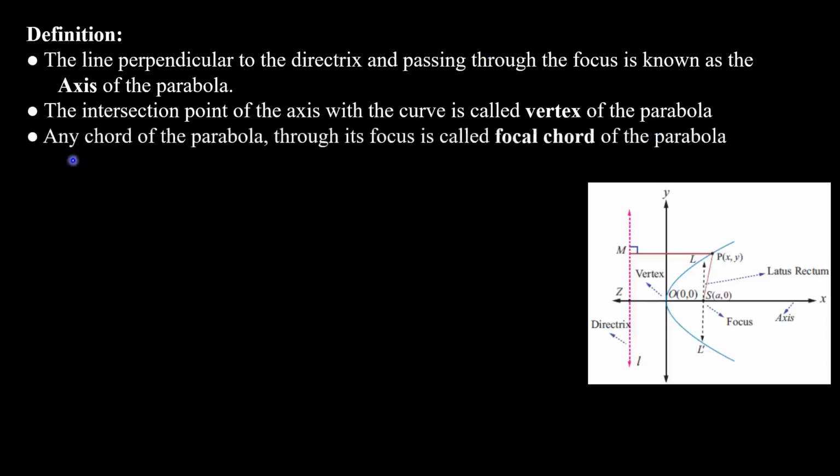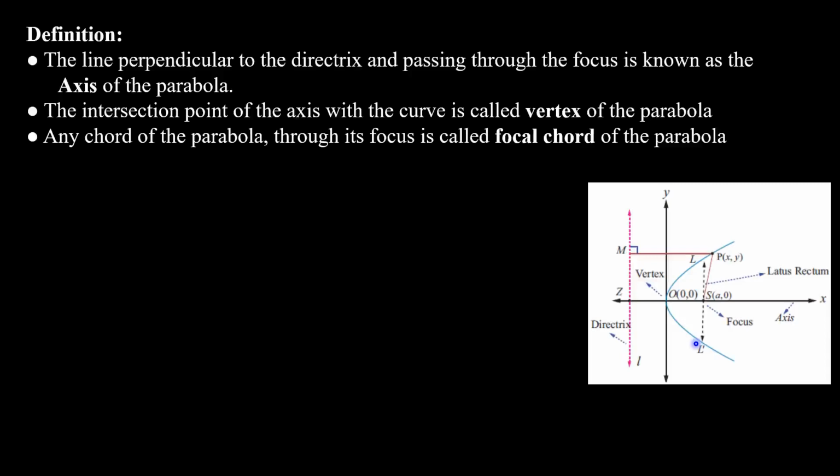The next one is any chord. What is the meaning of chord? The chord is a line segment which touches the curve at 2 points. The chord of the parabola through its focus, that is this point S, we can draw any line. That line touches the two ends of the parabola.